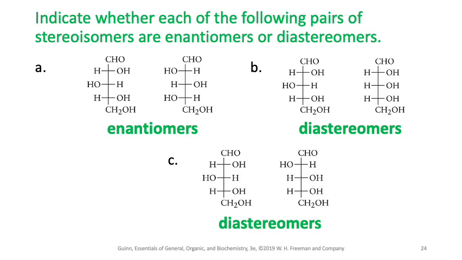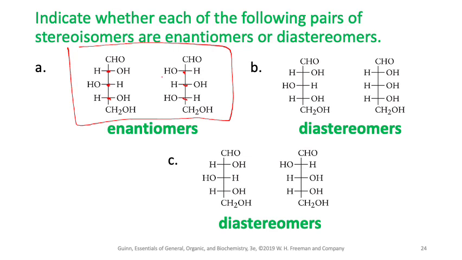Now let's try to do one problem based on the concept of enantiomers and diastereomers. The problem says indicate whether each of the following paired stereoisomers are enantiomers or diastereomers. Let's take the first one. How many chiral centers do you have? 1, 2, 3, same. 1, 2, 3, same molecule. But you can see on the first chiral center, you have a group in the opposite direction.